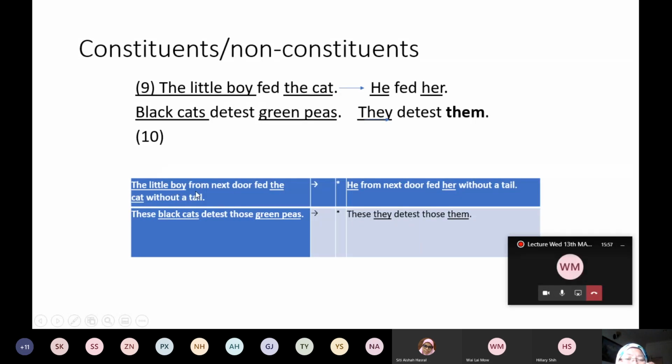So, the little boy from next door becomes he from the next door fed her without a tail. So you notice that this sentence is not grammatical, more because of the second pronoun.